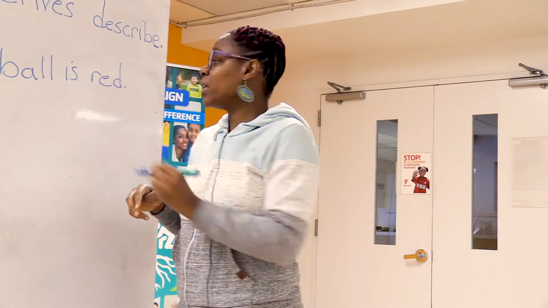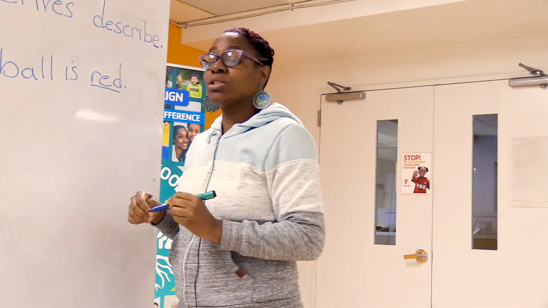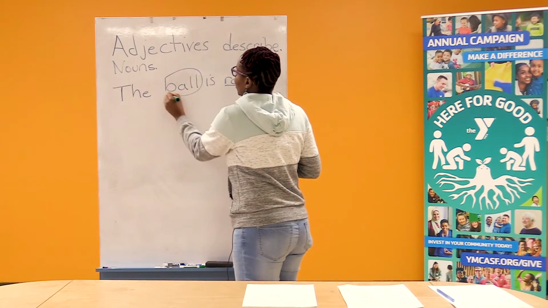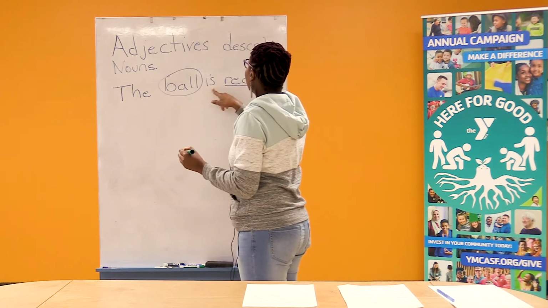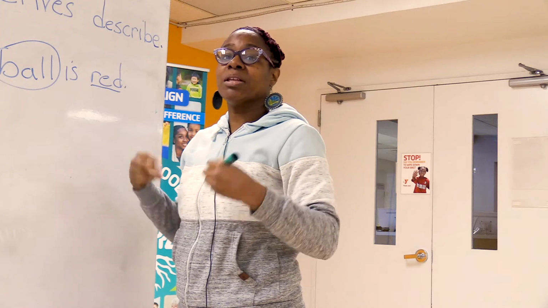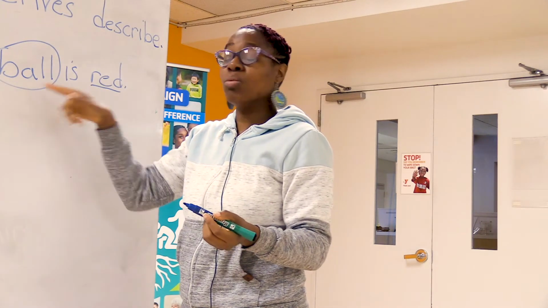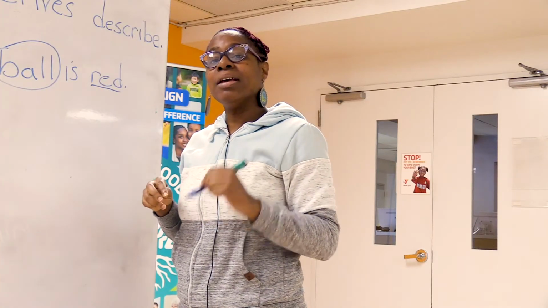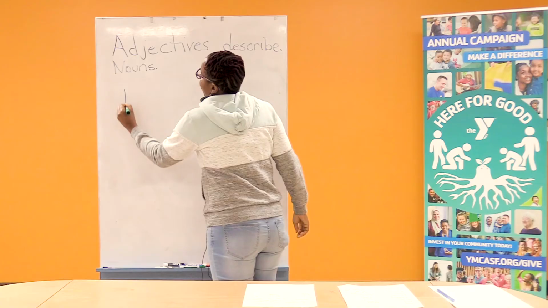My adjective is red, and what I have described is the ball, which is the noun. The adjective describes the noun, which is the ball, which is red. Let's go ahead and think of some other adjectives.